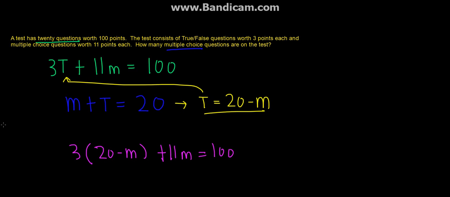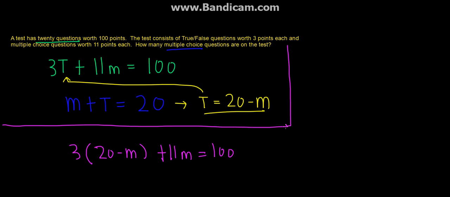Let me make this a little bit more organized. So therefore, 60 minus 3m plus 11m equals 100.